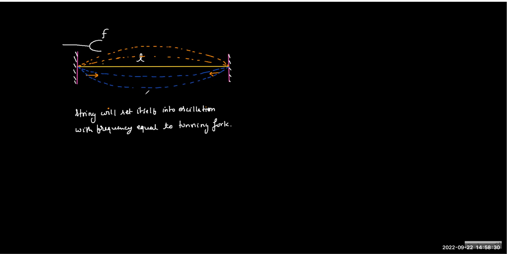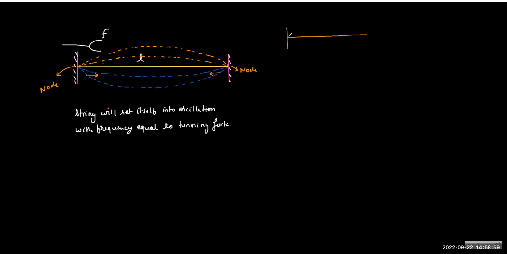So the string will go up and down, and this is how we are setting it into oscillation. And this point we call a node. A node means the point which is at permanent rest, and it is like half of an oscillation.